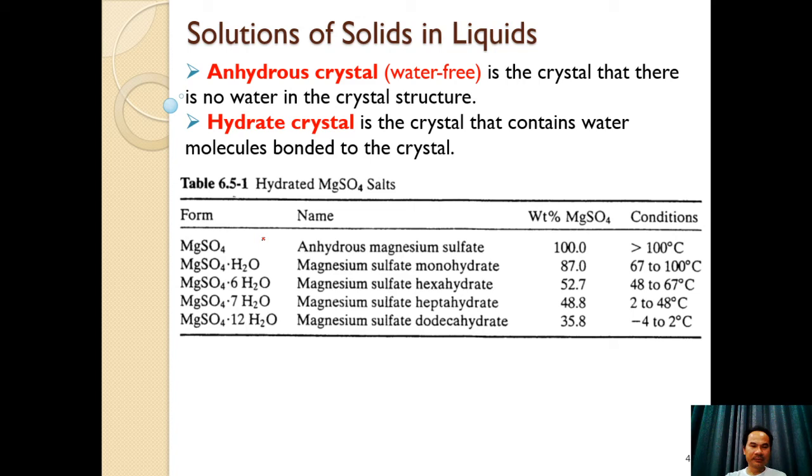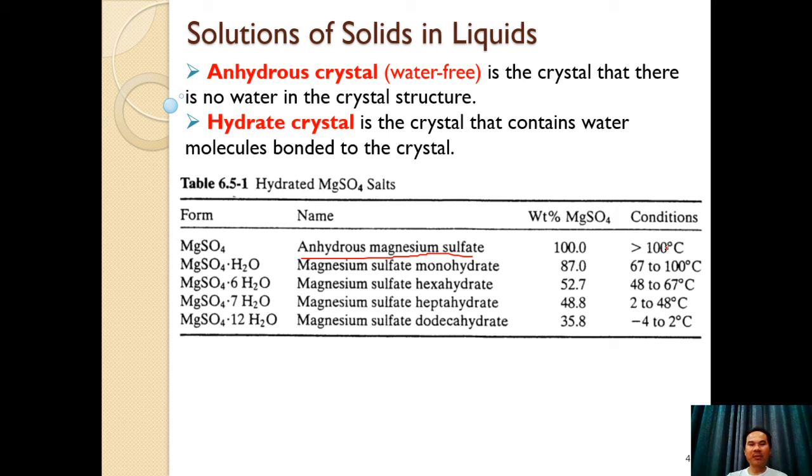For example, magnesium sulfate. This is no water, or anhydrous magnesium sulfate. Percent weight is 100%. The temperature is greater than 100 degrees Celsius. After you crystallize at greater than 100 degrees Celsius, you get anhydrous magnesium sulfate. If you crystallize at about 67 to 100, you will get magnesium sulfate monohydrate.